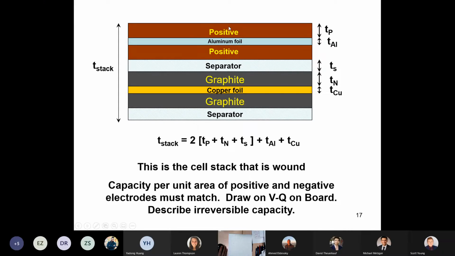So the idea is you specify a positive electrode material, and you know its specific capacity, and you know the thickness of the electrode that you want to make, and you know the porosity of the electrode, the binder content and the carbon black content. Okay.